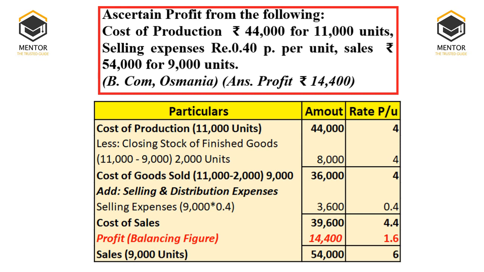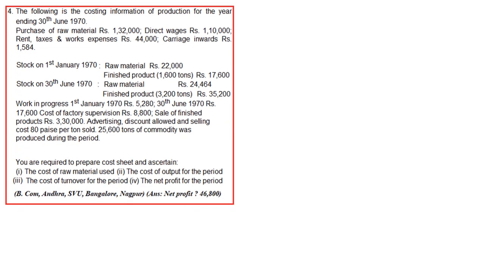We'll take up the next question. When you see this question, we have provided the cost data for the year ended 30th June 1970. We have provided purchase of raw material, direct wages, rent and taxes of works expenses, carriage inwards, opening stock of raw material and finished product, and closing stock of raw material and closing finished product.